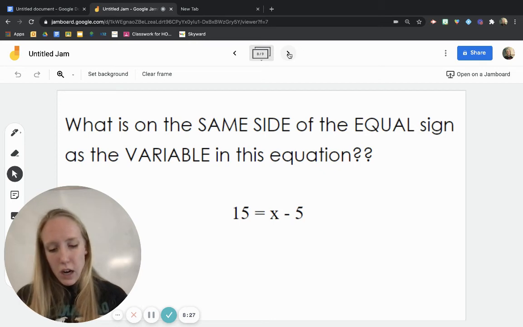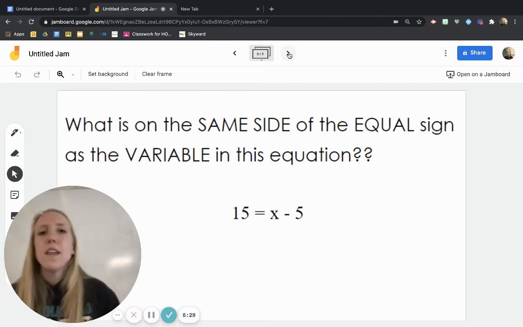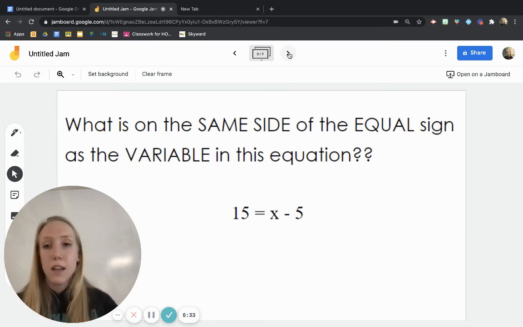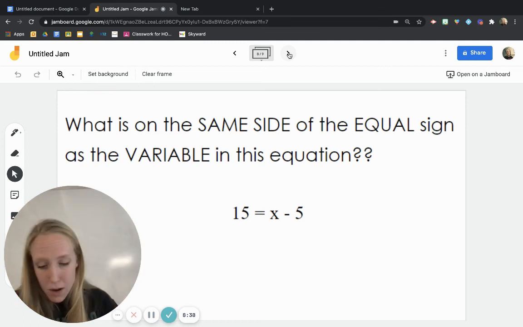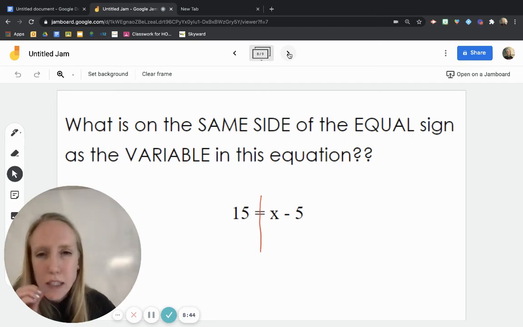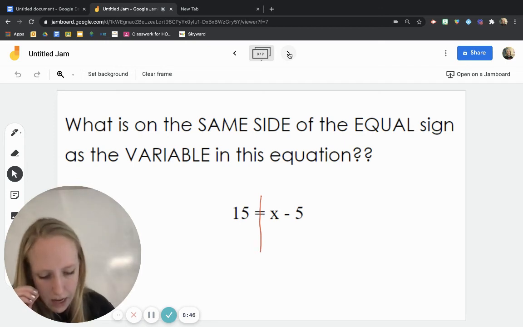All right, how about here? Again, what is on the same side of the equal sign as the variable in this equation? So again, we're just looking. Where is the variable? If I split this in two, the variable is x.